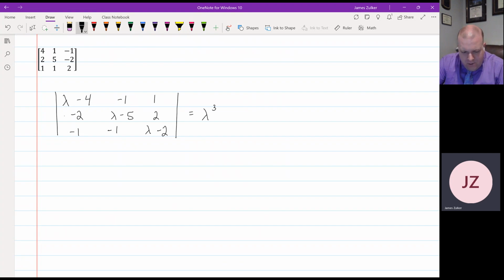We get lambda cubed minus 11 lambda squared plus 39 lambda minus 45. Set that equal to 0. We get that lambda is in the set 3, 5. So we have two eigenvalues, 3 and 5.